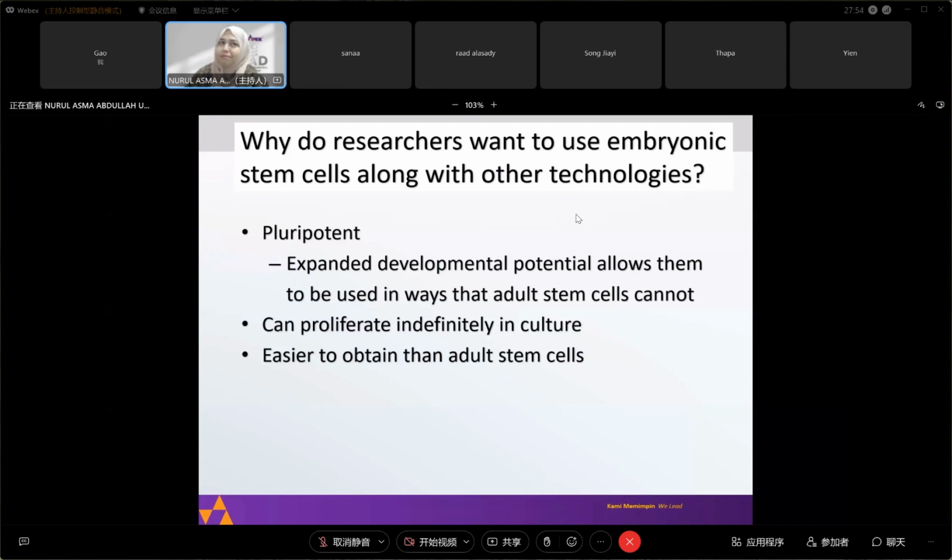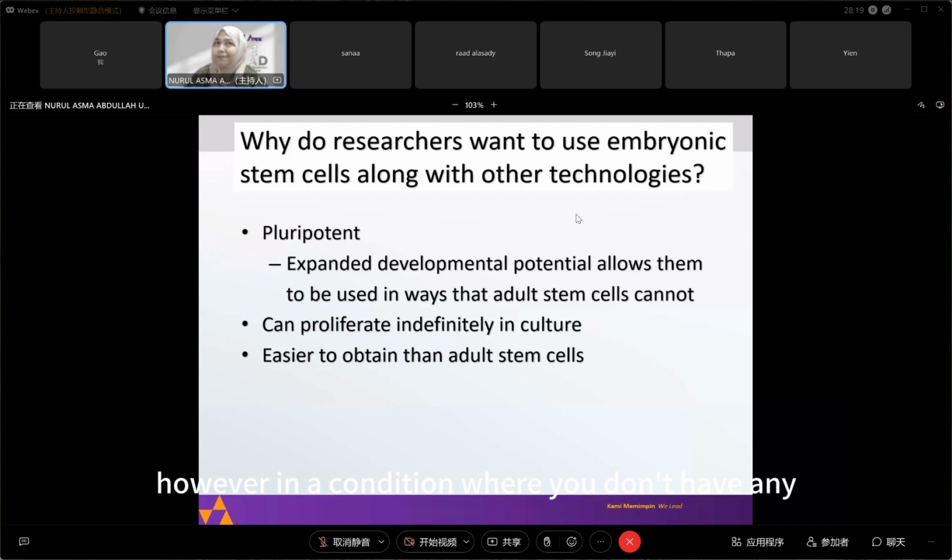It is mentioned as easier because if you have a donor program, for example, it is easy to collect the embryonic stem cells, because it is not invasive, and you don't have to hurt the subjects in order to collect them.